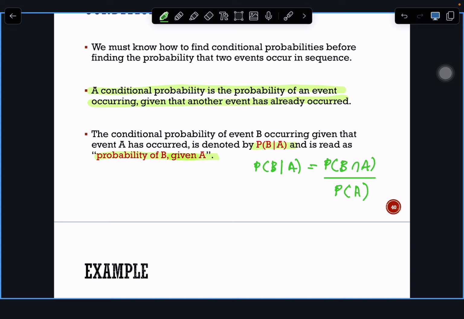Yes, this is the formula, guys. Not multiply, divide by P(A). And obviously we do have a condition: P(A) cannot equal 0.